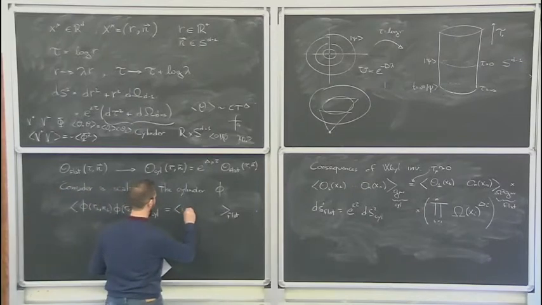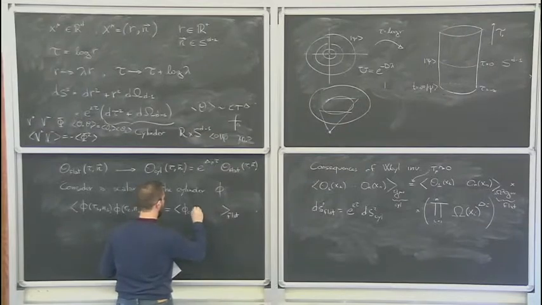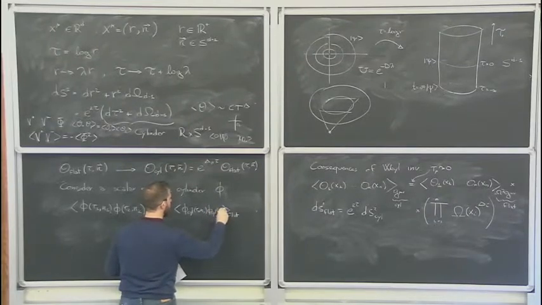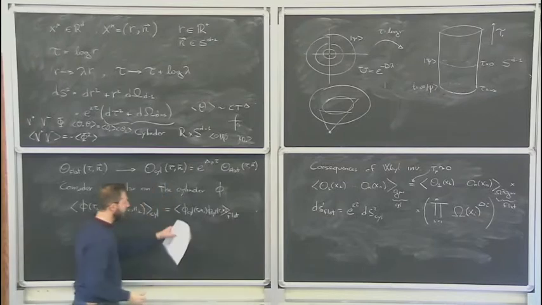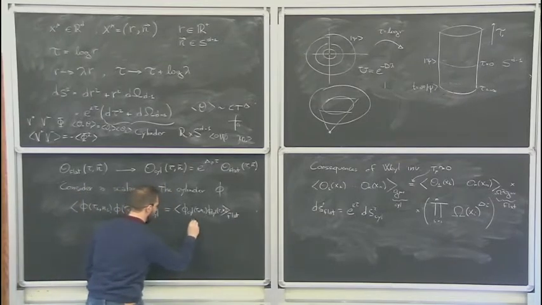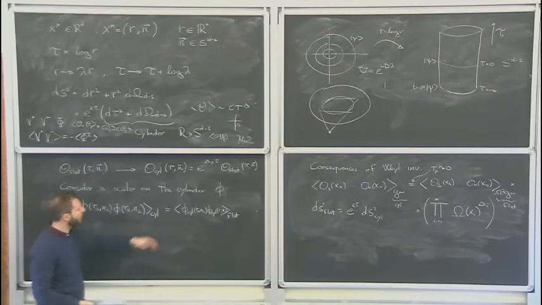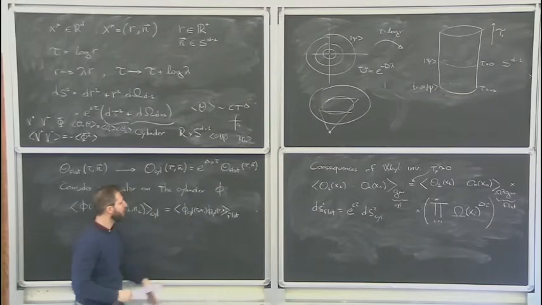So phi cylinder of tau_1, n_1 and phi cylinder of tau_2, n_2, where phi cylinder is a rescaled version of the usual operator that you would write.